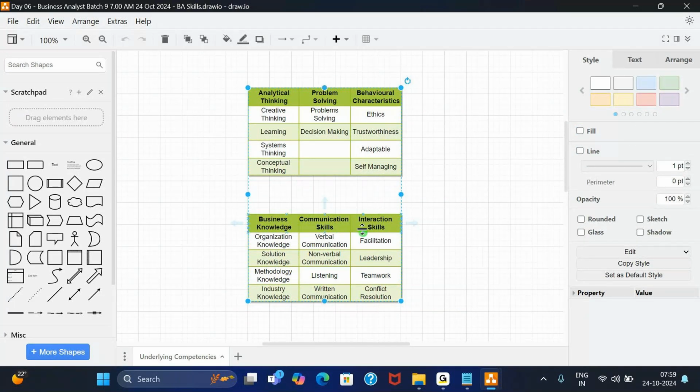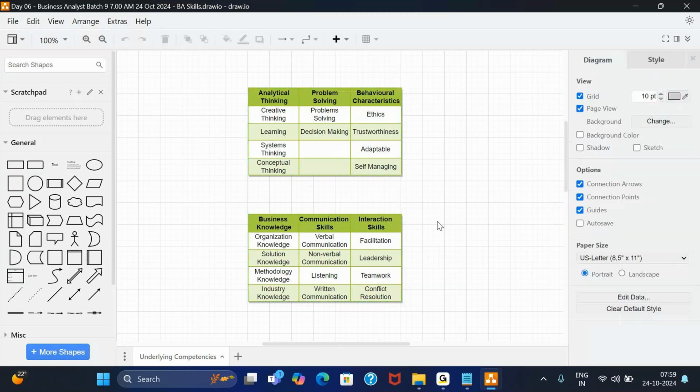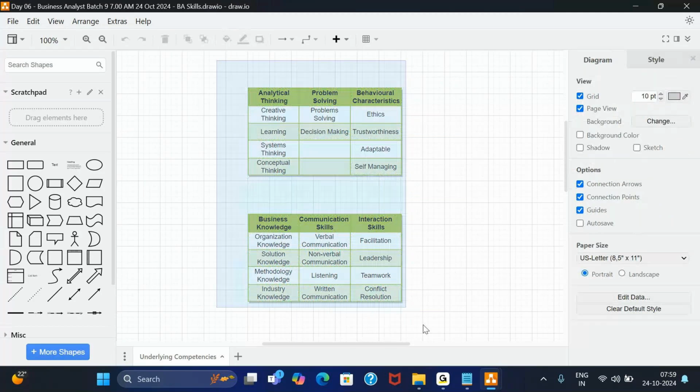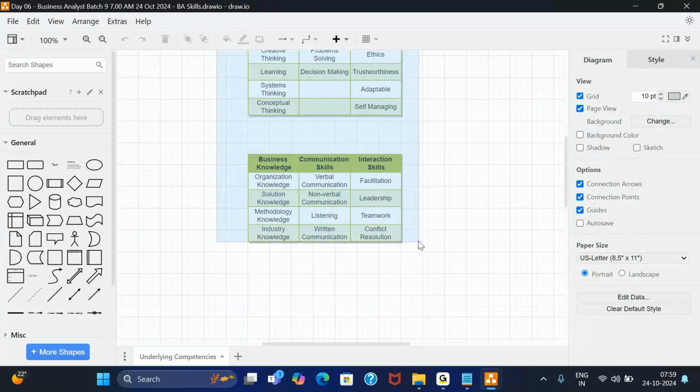What are the small things that you can implement in your behavior so that you increase the productivity of your interaction skills or communication skills? We'll focus on these aspects tomorrow, so that we understand in detail and can demonstrate professionalism when we start working as BA, and make use of all these skills that we are talking about.